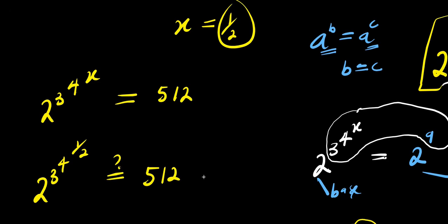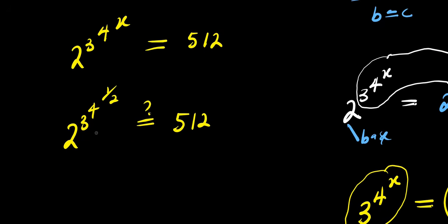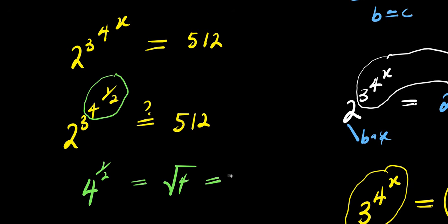Now, when you are having a cascaded exponential problem like this, you start with the topmost exponent. So we have to find the value of 4 power 1 over 2. So if you simplify this, 4 power 1 over 2 is the same thing as saying square root of 4, which is 2.